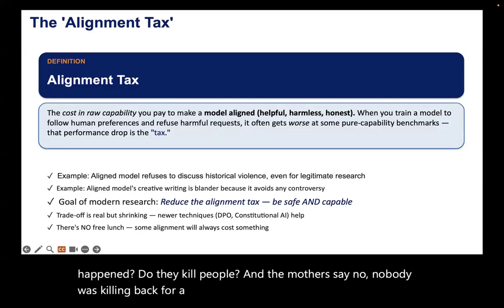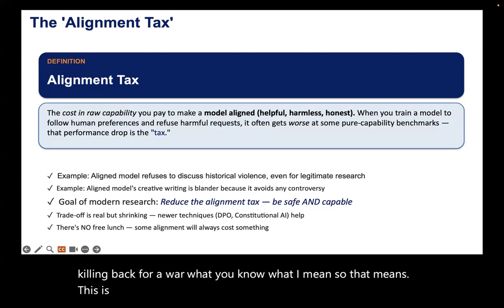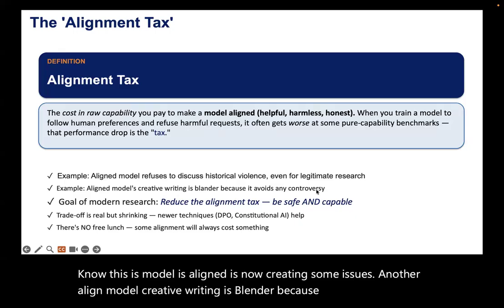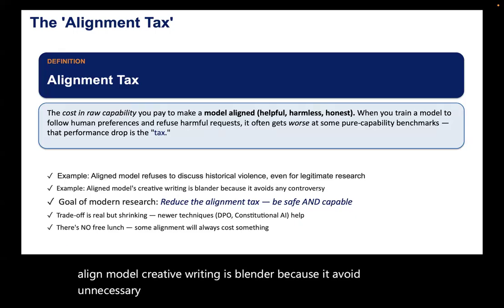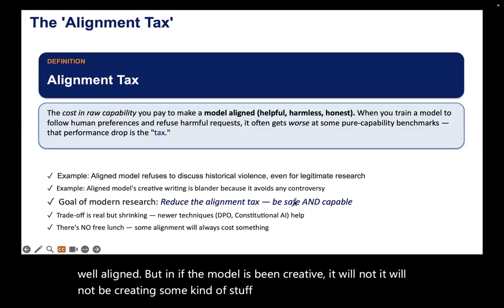So this aligned model is now creating issues. Another aligned model's creative writing is blander because it avoids any controversy. We want the model to be well aligned, but then it will not create some kinds of content because it doesn't want to be controversial.